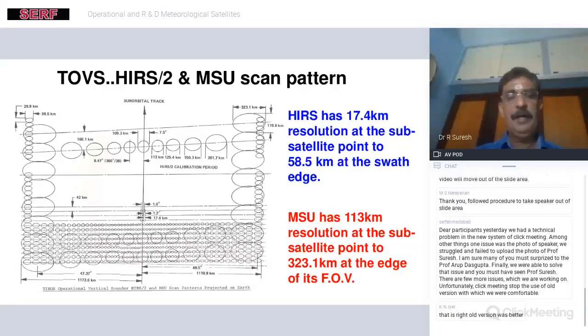Far away, this particular HIRS sensor has a resolution of 58.5 kilometer, which has been described in this particular view graph. Whereas the MSU over the sub-satellite point has a resolution of 113 kilometer. At the end, it ends up with 323 kilometer.